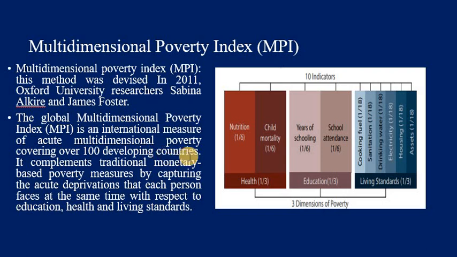It complements the traditional monetary based poverty measures by capturing the acute deprivations that each person faces at the same time with respect to education, health, and standard of living. These are three dimensions, and a weightage of one third is given to each, and each individual item is again given weightages. We'll go into detail on that.